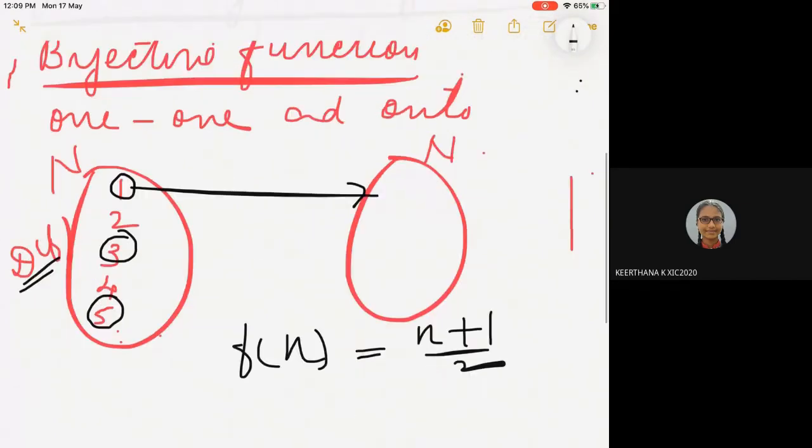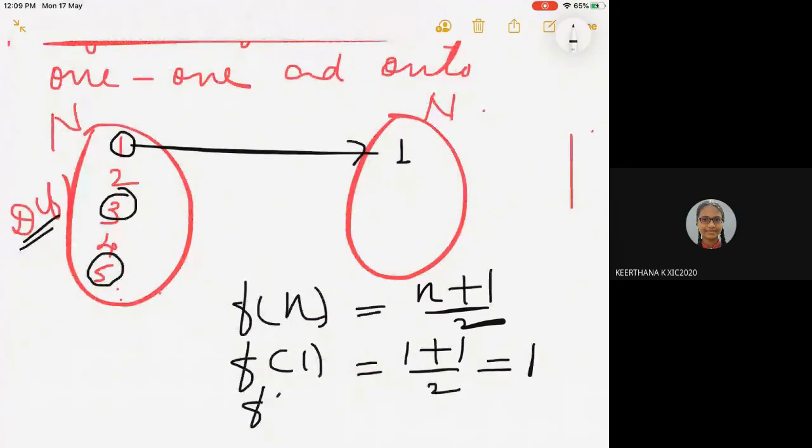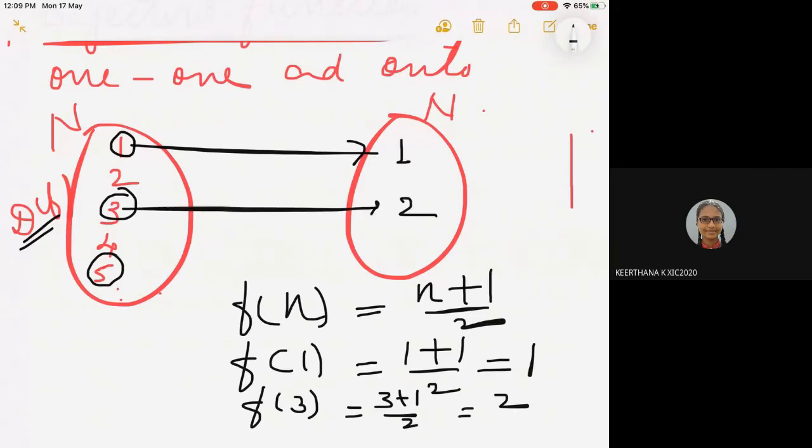On applying this, f of 1 is (1 plus 1) by 2, which is 2 by 2, it is 1. So here the image of 1 is 1. Then what is the image of 3? f of 3 equal to (3 plus 1) by 2, 4 by 2, that is 2. The image of 3 we get here is 2.